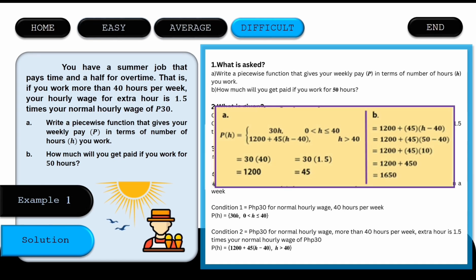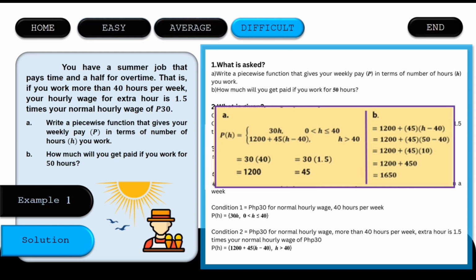Nakuha natin ang 1,200 by multiplying 30 times 40, and that is equal to 1,200. Ang 45 naman is by multiplying 30 times 1.5. It will give us 45. For the interval, H is greater than 40. Bali, ito na ang sagot ng ating letter A.